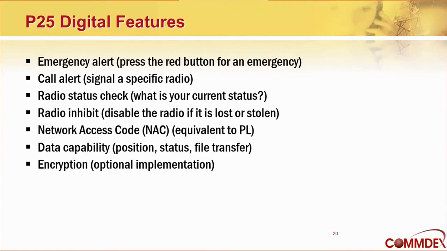The network access code, which is the digital equivalent to your PL code. The ability to support data, and the ability to support encryption. So encryption was provided as a P25 feature, but it's an optional feature. You can choose whether to use it or not.